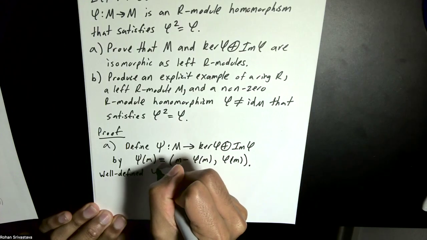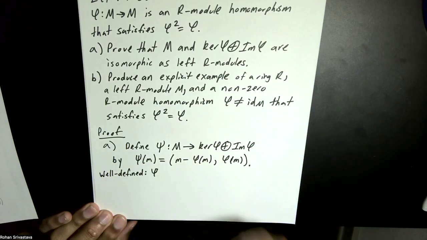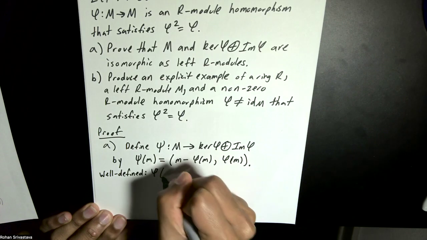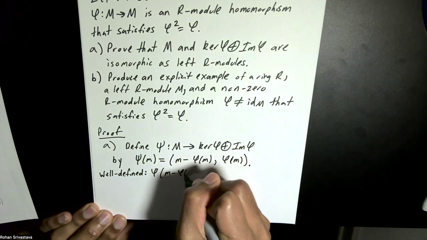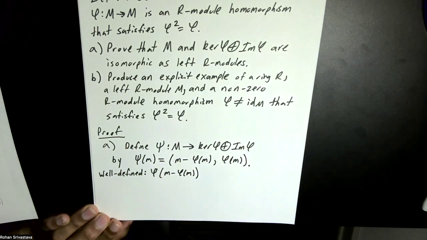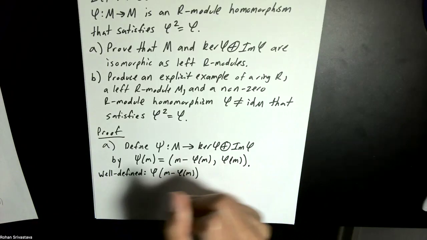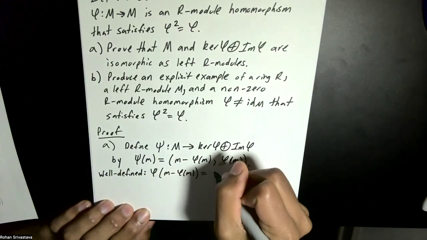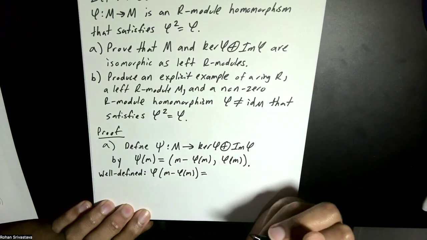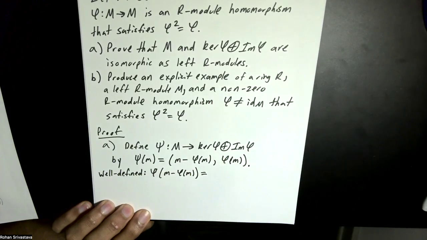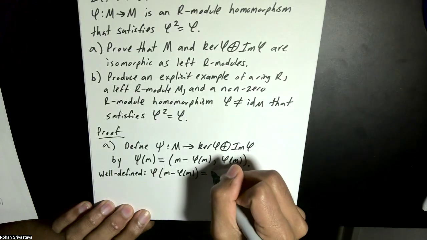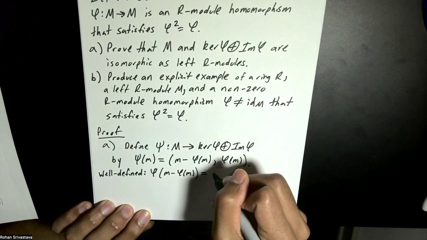Well, m minus phi of m is just some element of M, so we can apply phi to it, and because phi is an R module homomorphism, in particular, it's an additive homomorphism.